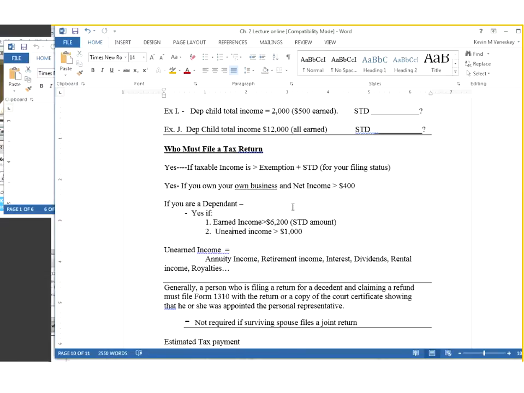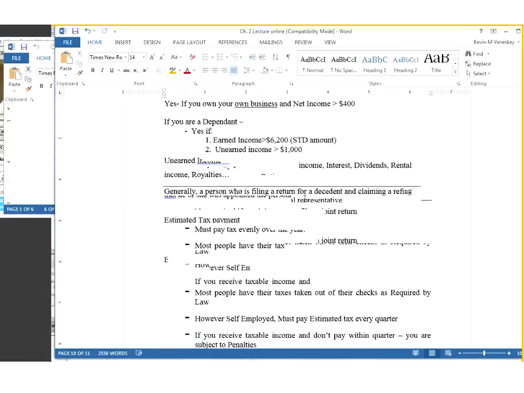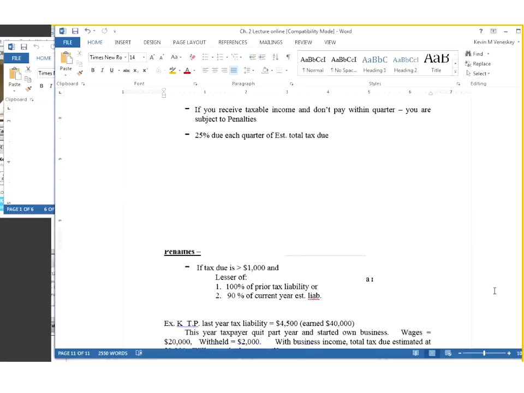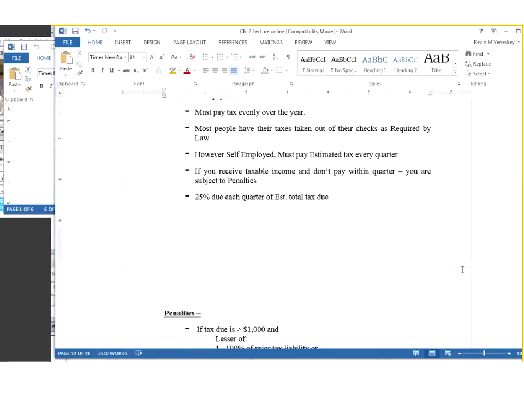And then there are some other cases, if you own your own business or you're a dependent. The rest of this you can read through on your own to get a good idea. The fourth answer for the lecture series here is $100.